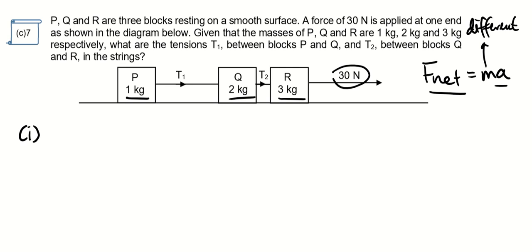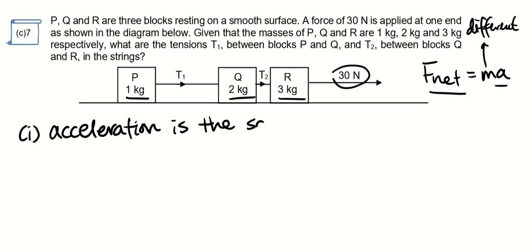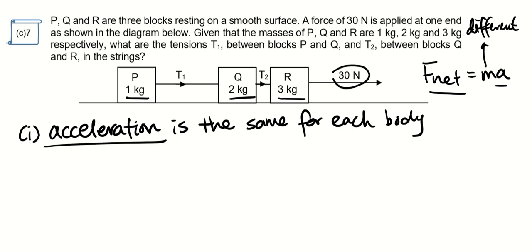But because the train is linked as one whole body, all the carriages are linked together, therefore the acceleration must be the same for each body. They must have the same acceleration.